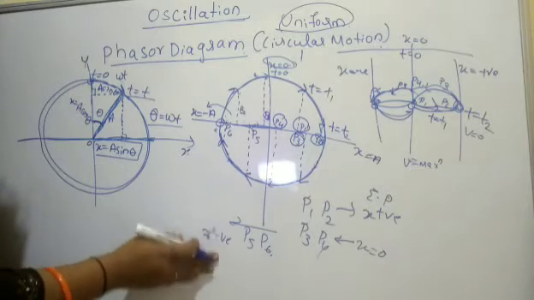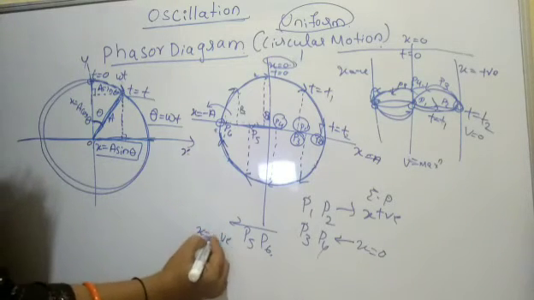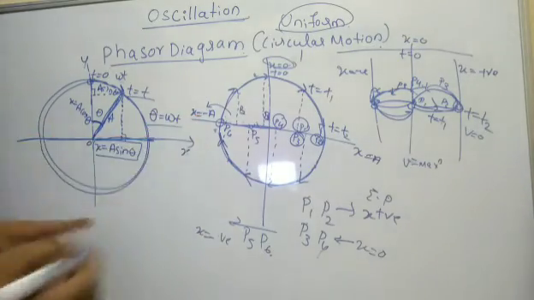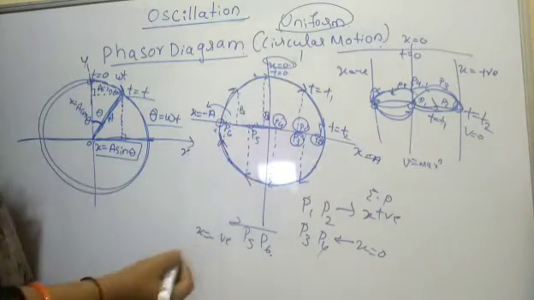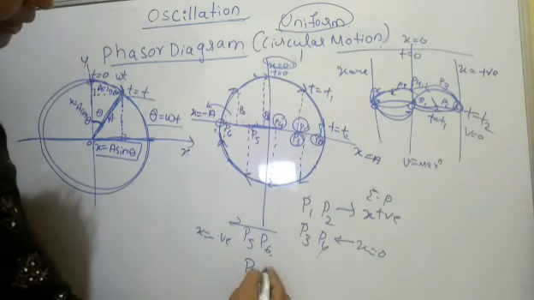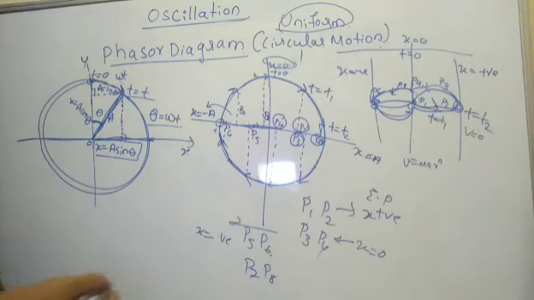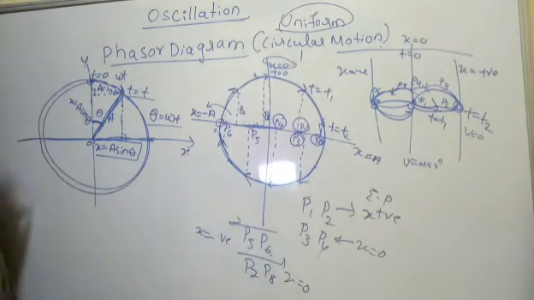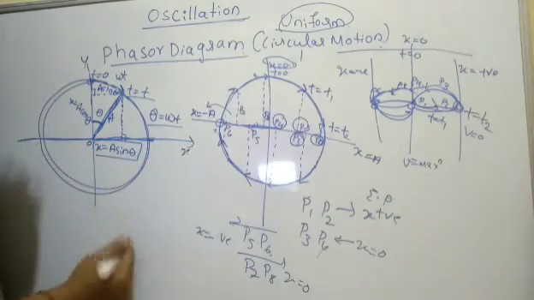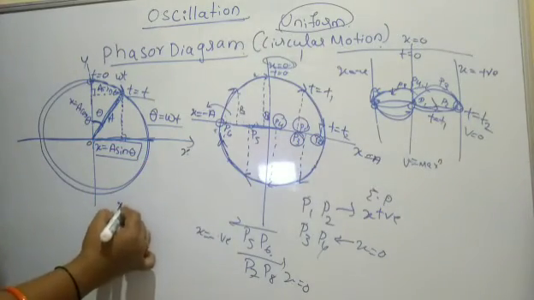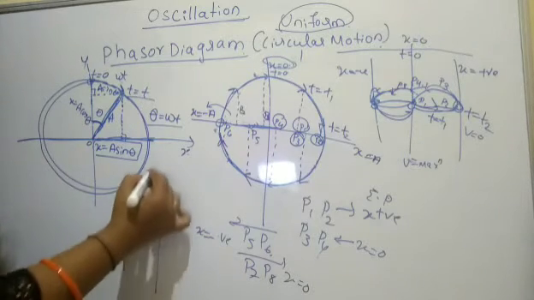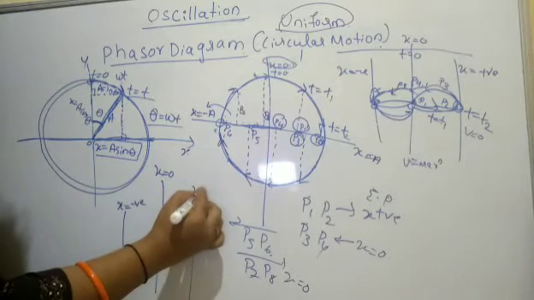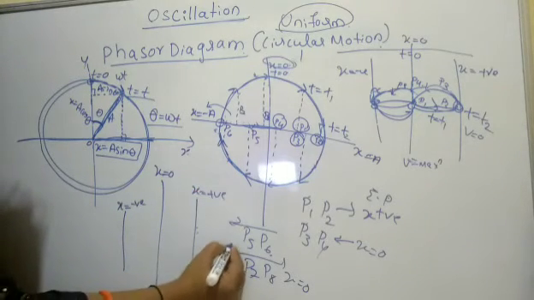Again, P7 and P8: in which direction are they moving? Towards X equal to 0. So once you draw the same path here, X is negative here, X is equal to 0 here, or X is positive here.